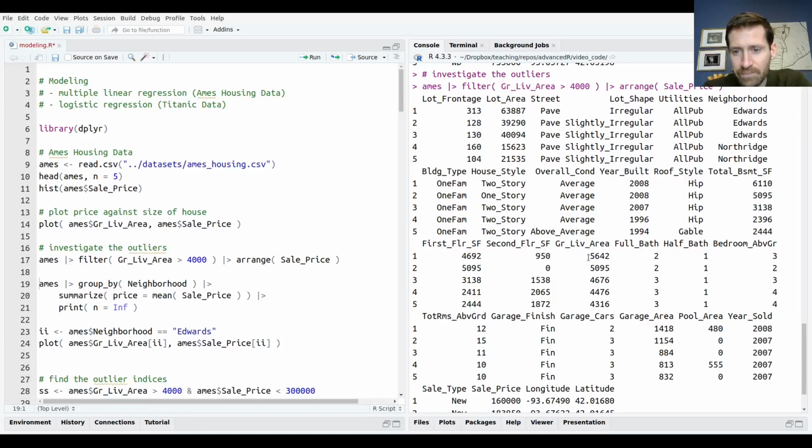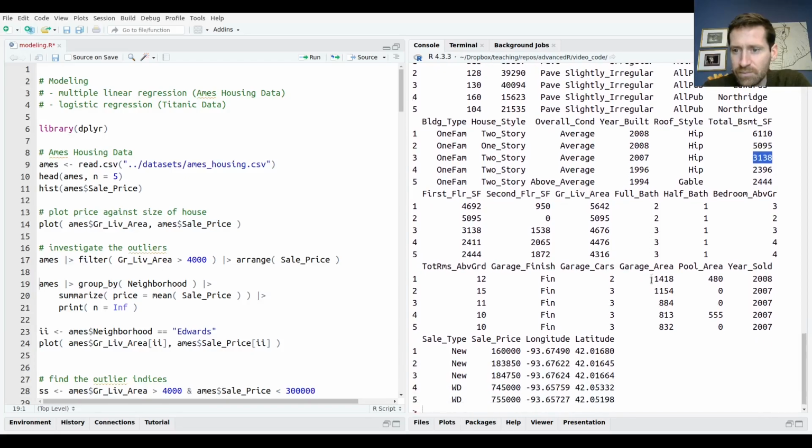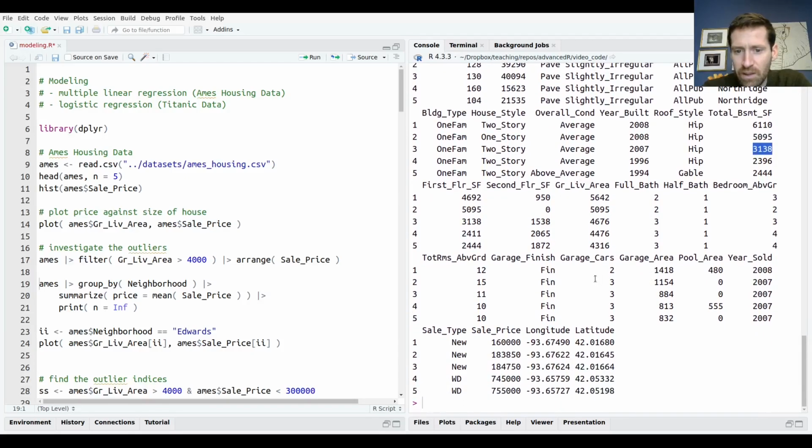What else? This one says there's 3,138 square feet on the first floor and exactly the same number in the basement. That's strange. Okay, this is another weird thing.